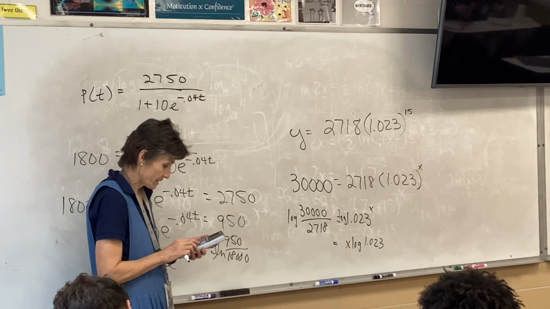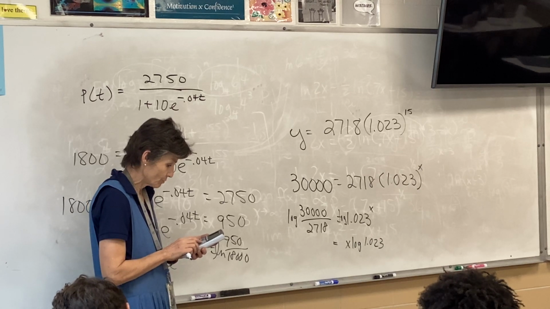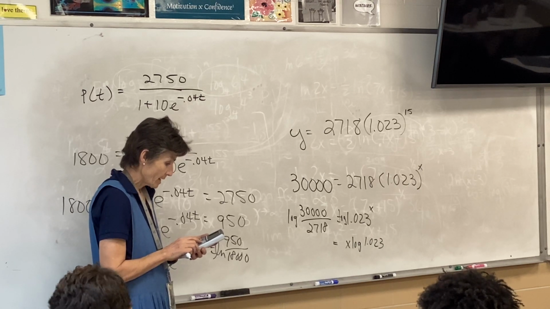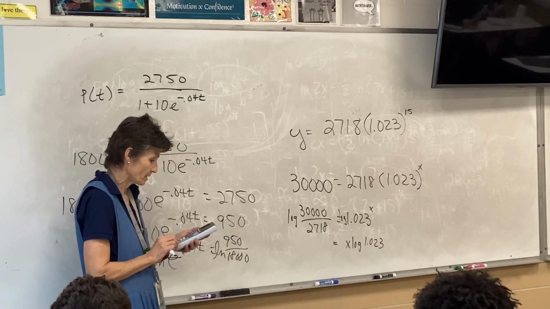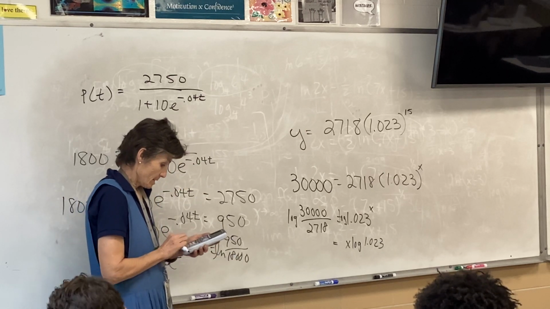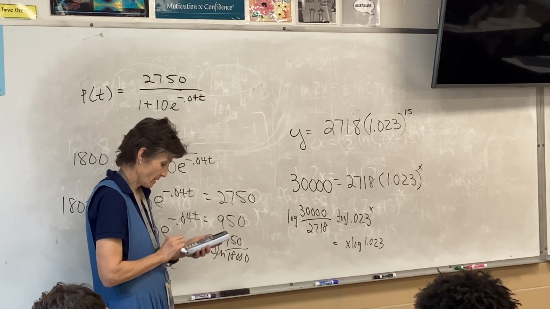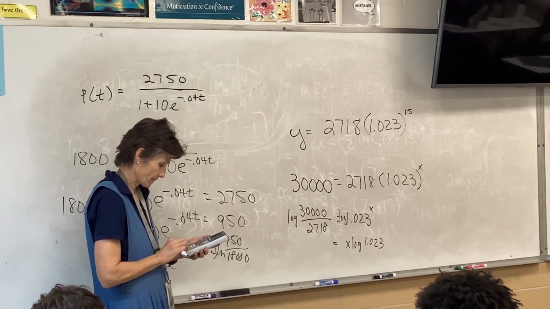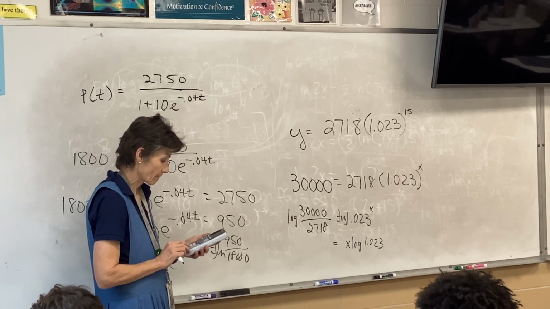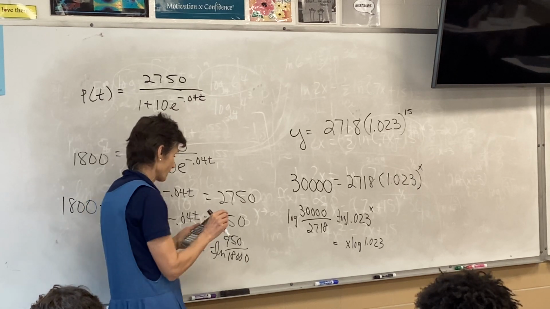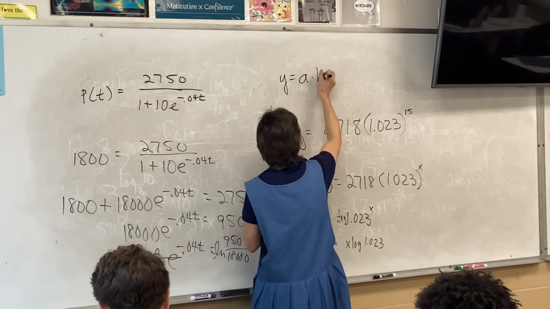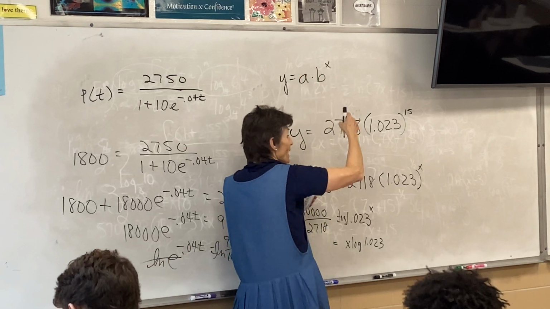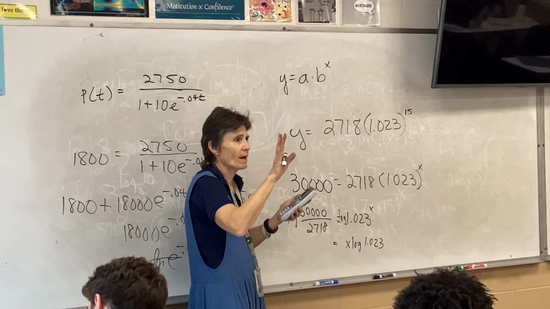Now I'll go over to calc, I'll go down to exponential regression, right? Yep, exponential regression. And see what happens. So, the calculator tells you that that's the format of your equation, but you knew that already.